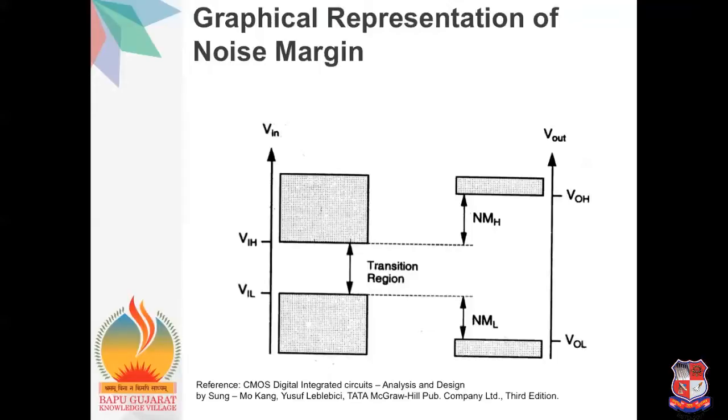The shaded area indicates the valid region of the input and output voltages, and the noise margins are shown as the amount of variation in the signal levels that can be allowed while the signal is transmitted from the output of one gate to the input of the next gate. The two critical voltage points VIL and VIH are selected using the slope condition, that is dVout by dVin equal to -1.